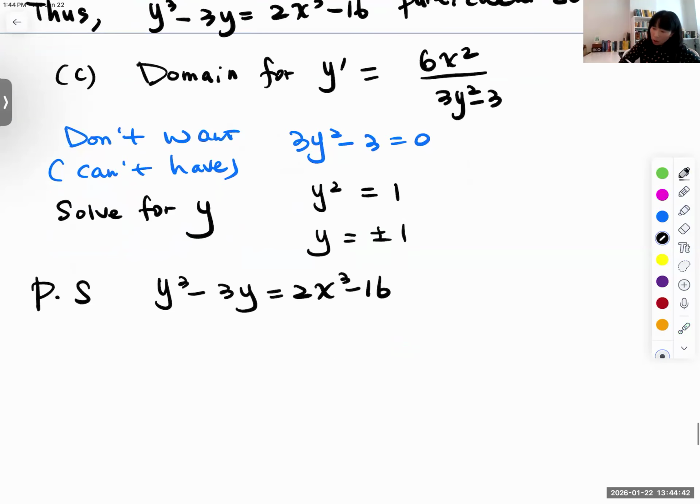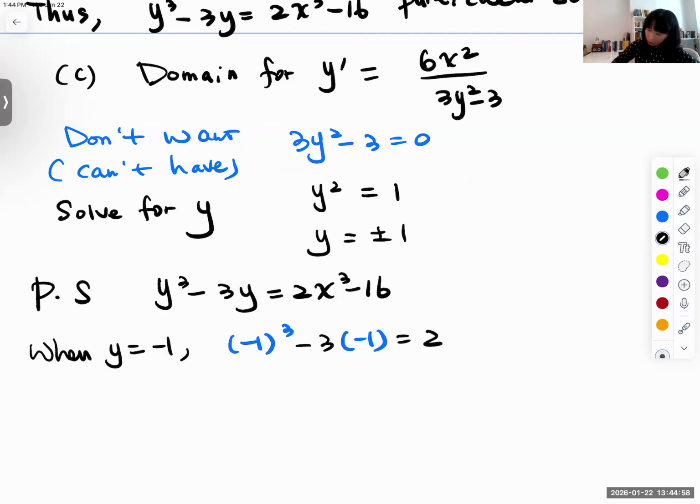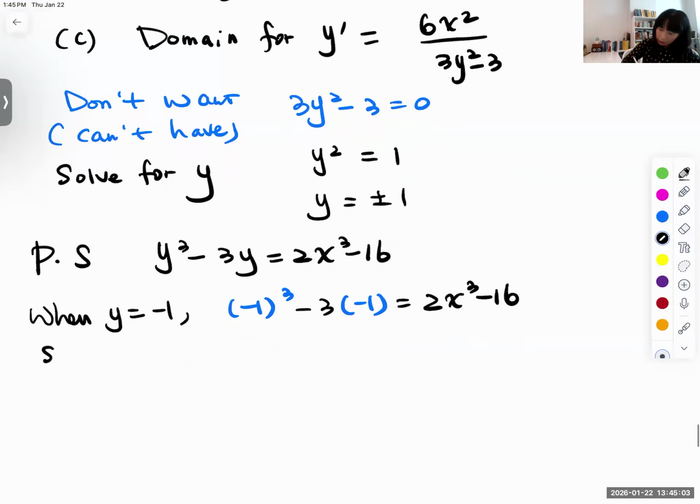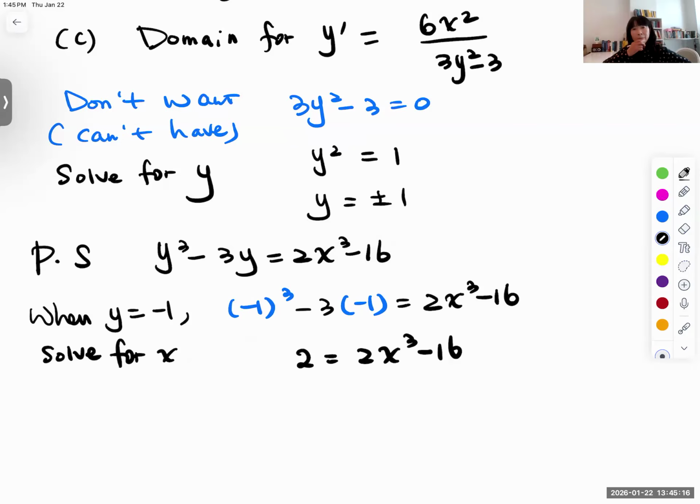Okay, so when y equal to negative 1, so we have negative 1 to the third power minus 3 times negative 1 equal to 2. We need to solve for x in that case. Solve for x. Yeah. Okay. So left side we have 2 equal to 2x to the third power negative 16. And solve for x.